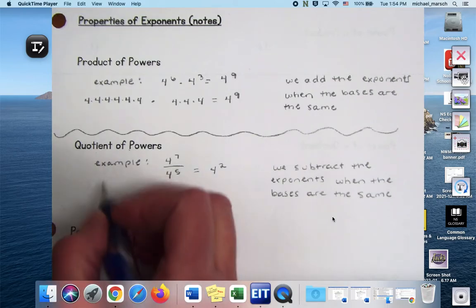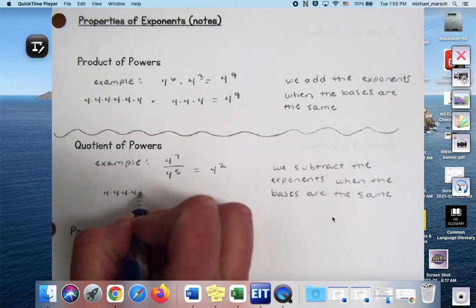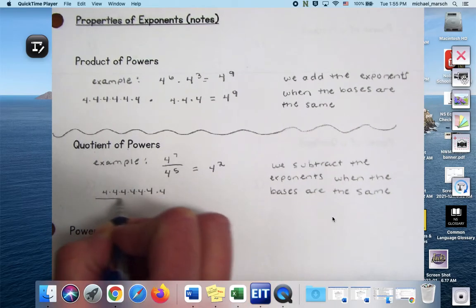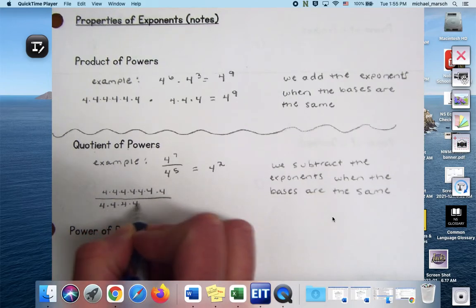So what this looks like is 4 times 4 times 4 times 4 times 4 times 4 times 4 divided by 4 times 4 times 4 times 4 times 4.